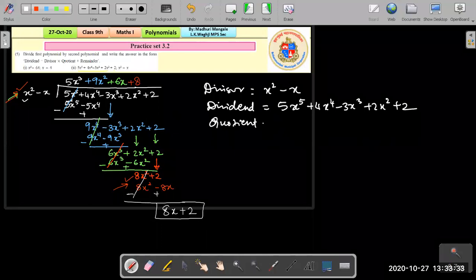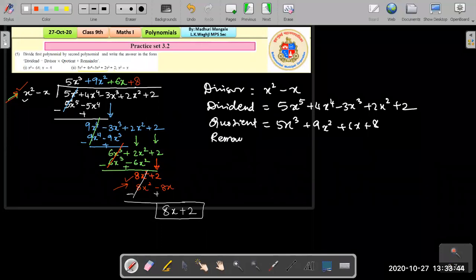The quotient is the top expression, that is 5x cubed plus 9x squared plus 6x plus 8. And the remainder is this last expression, that is 8x plus 2.